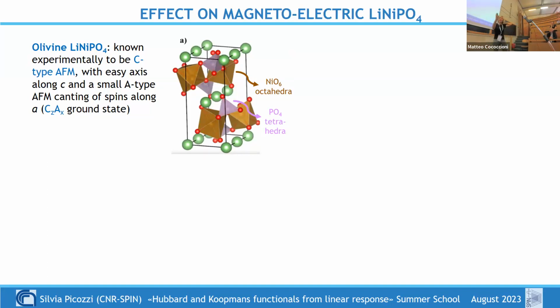They were tackling systems which were shown in the beginning by Matteo, but they tackled lithium nickel phosphate. So this has a C-type spin configuration. C-type means you have spin aligned along the C-axis in a ferromagnetic chain, which is antiferromagnetically coupled to the neighboring chain. But then also you have a canting along A. So you have CxAz. So it's non-collinear.